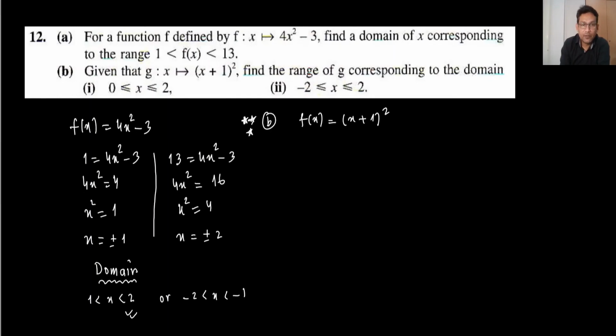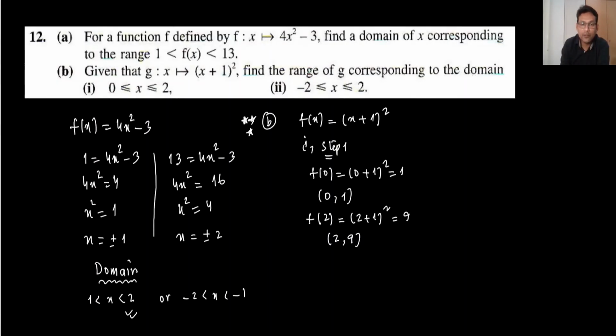First thing, when I check the first part, the domain, step number 1 is what? I just put all the values of the domain. I will put 0, and 0 plus 1 whole square is 1. The first coordinate is 0 comma 1, and when I put the value 2, 2 plus 1 whole square is 9, and the second coordinate is 2 comma 9.